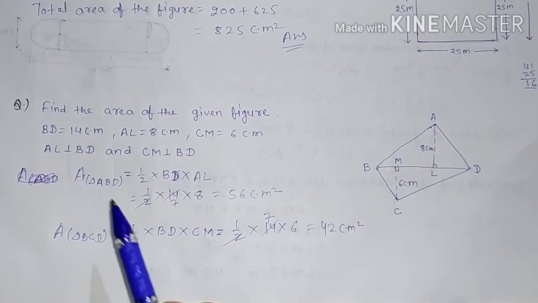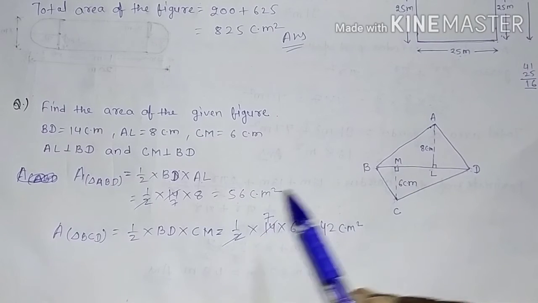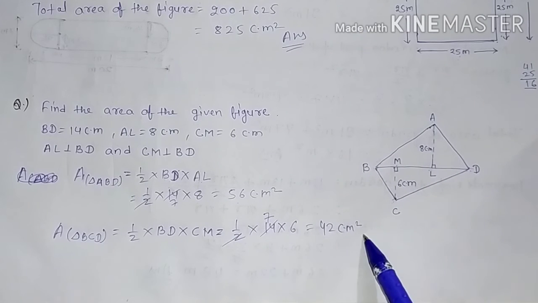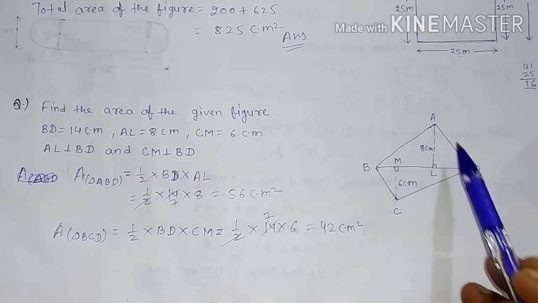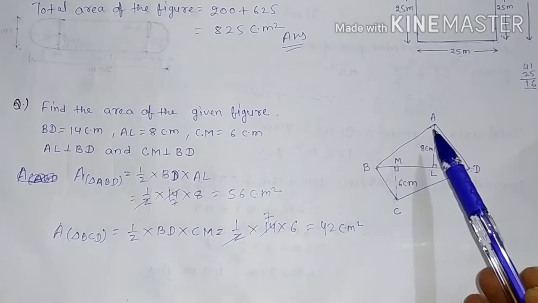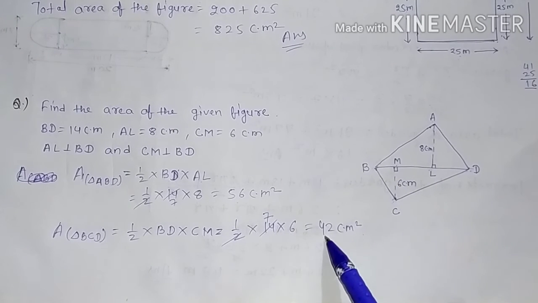So the area of triangle ABD equals to 56 centimeter square and the area of triangle BCD is also 42 centimeter square. Now the total area of this figure is, just add area of ABD and area of BCD, that is 56 plus 42.